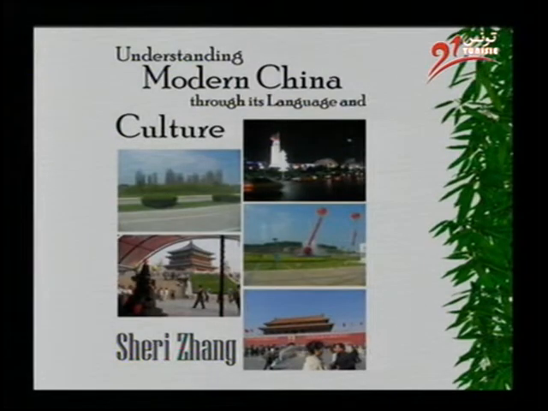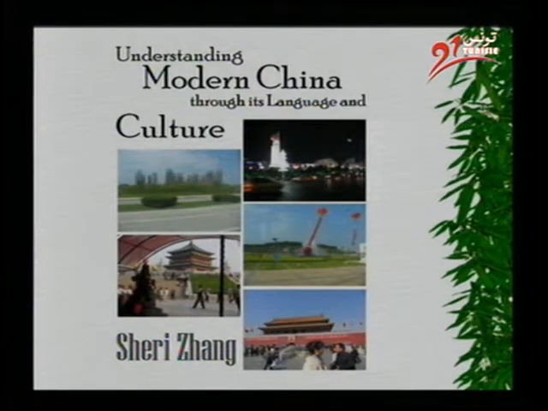we are interested in. So here we have, for example, one of the books that I have just chosen. As you see from its front cover, the title of this book is Understanding Modern China Through Its Language and Culture.